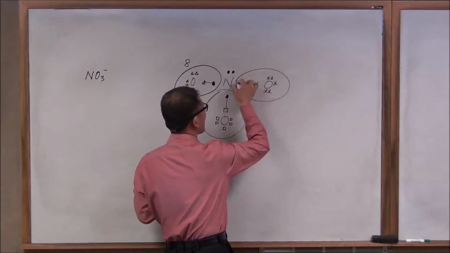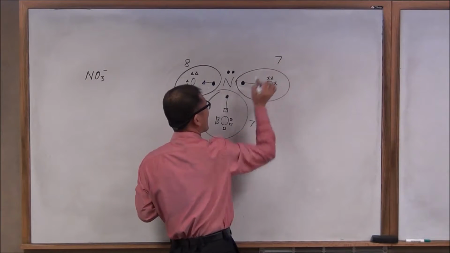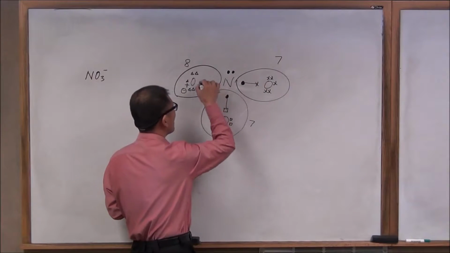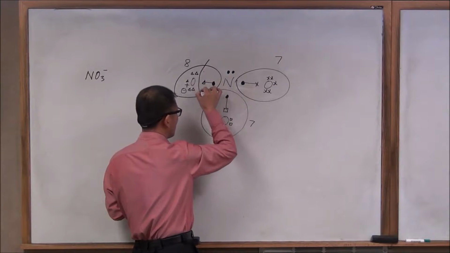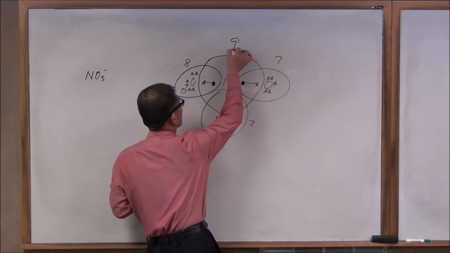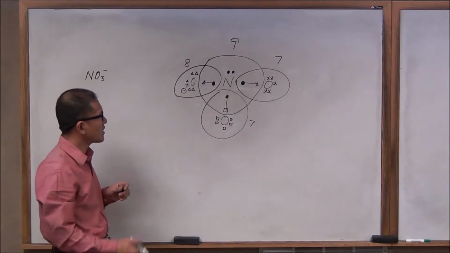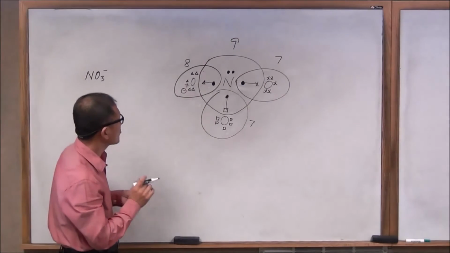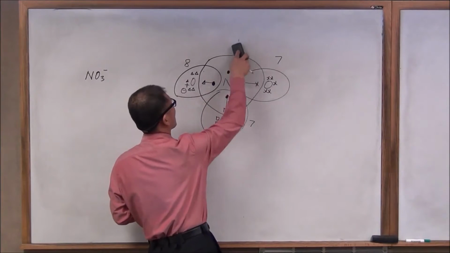You do the same thing, and you have 7 electrons around this oxygen atom. And then, I made a mistake.